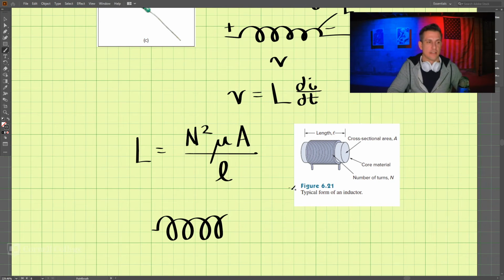And lastly, mu, the Greek letter mu, is the permeability of the core. That really depends on what material is in the middle. And this is then our inductance that we put into our equation for L.